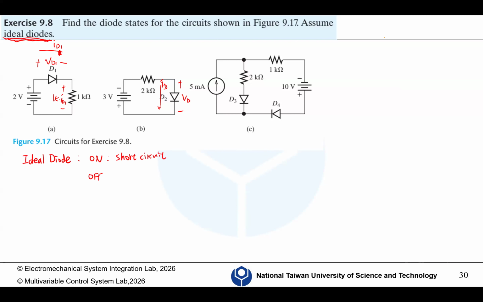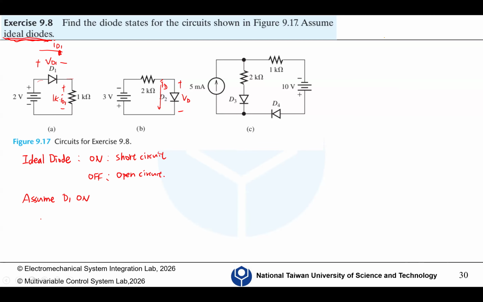When it is off, it's an open circuit. So we assume D1 is on, and so this is a short circuit.